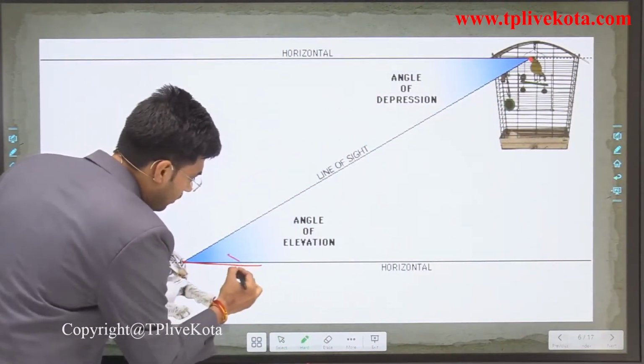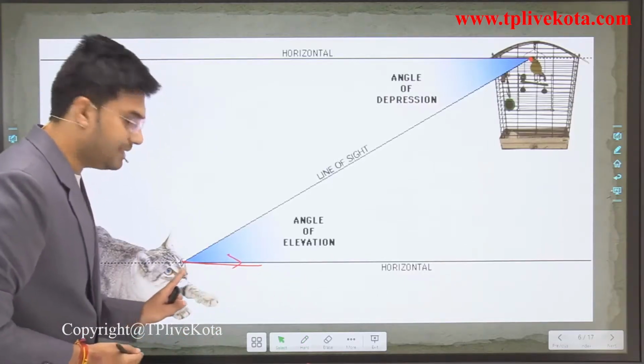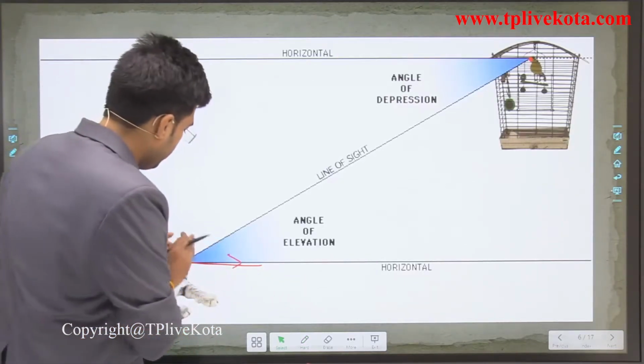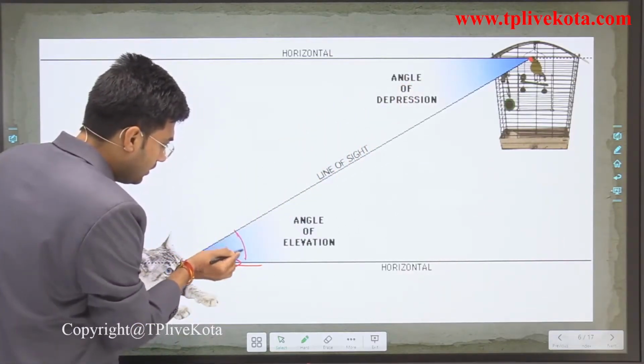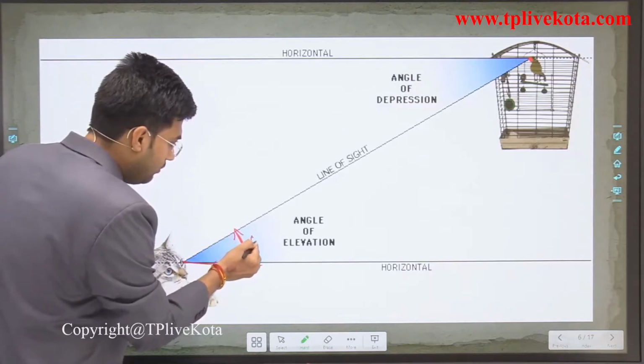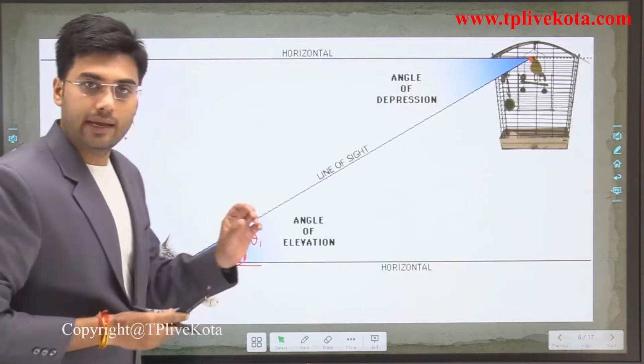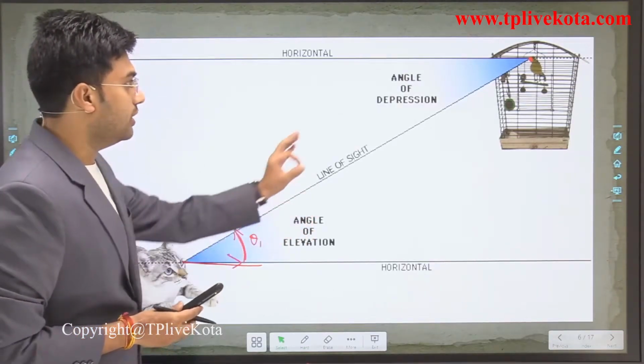This is the horizontal line for the cat's eye, and if the cat looks at the bird, this angle is the angle of elevation for the bird.